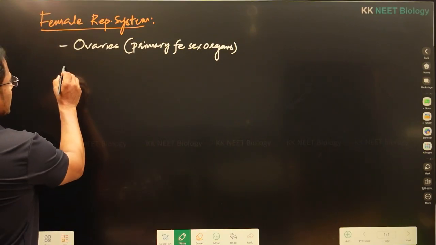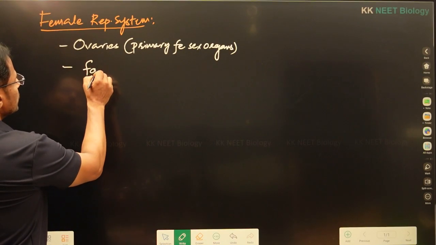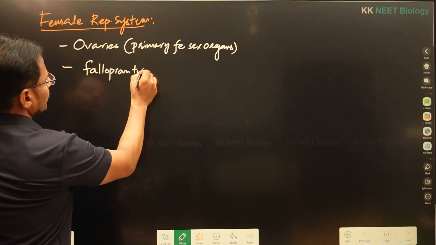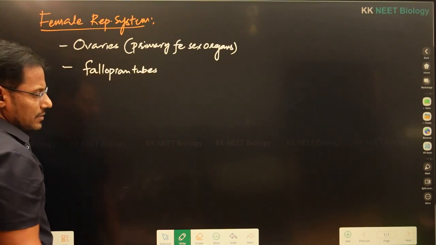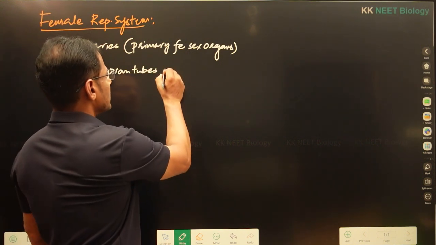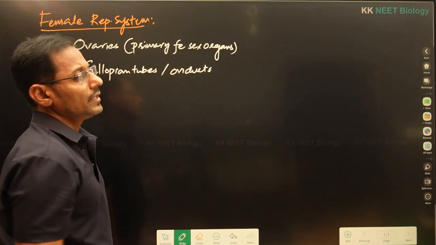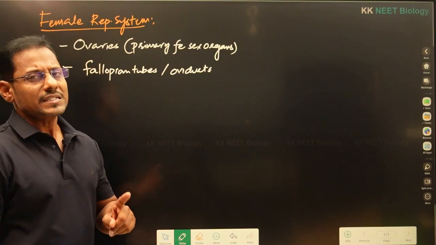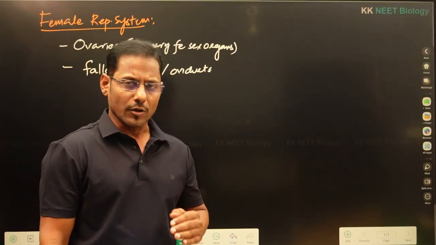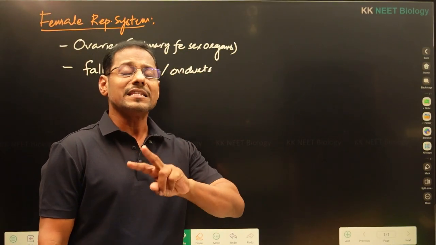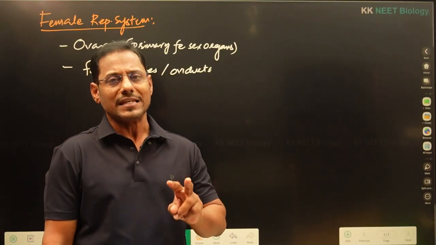The second one is the fallopian tubes, or in other words, oviducts. Both the ovaries and the fallopian tubes, or oviducts, are the paired female sex organs.